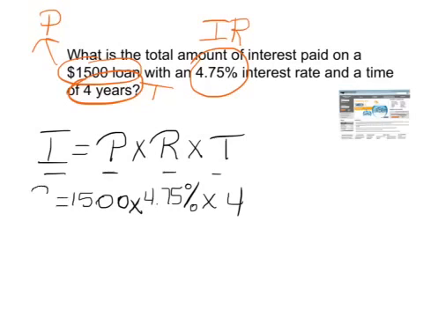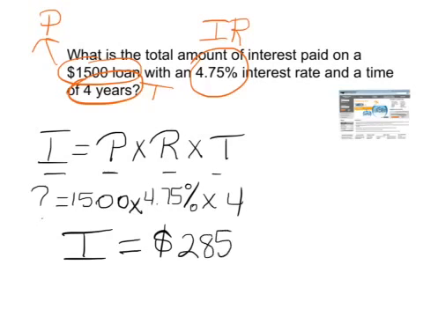What we're trying to figure out is the amount of interest we have to pay for borrowing this amount of money. Again, you can put this in your calculator and you'll see that your interest, the amount that you're going to pay for borrowing $1,500, would be $285.